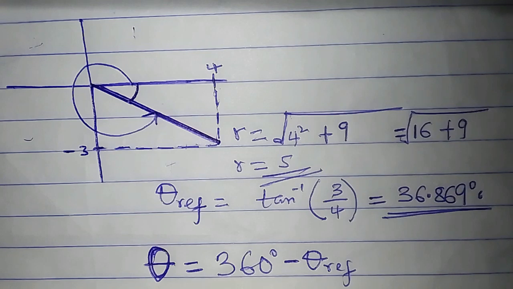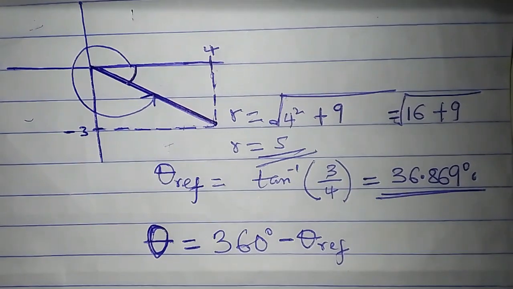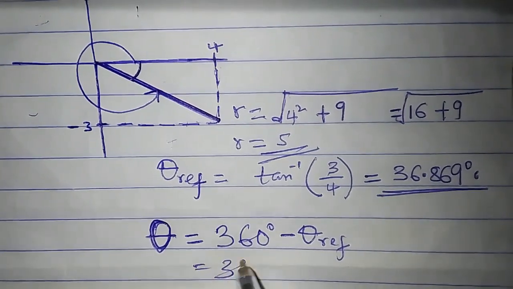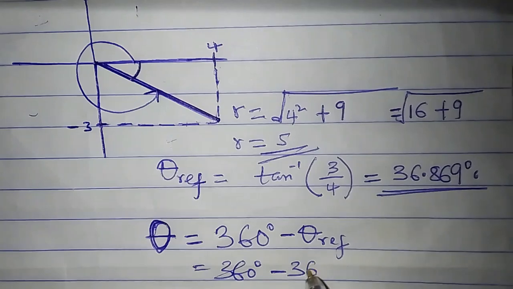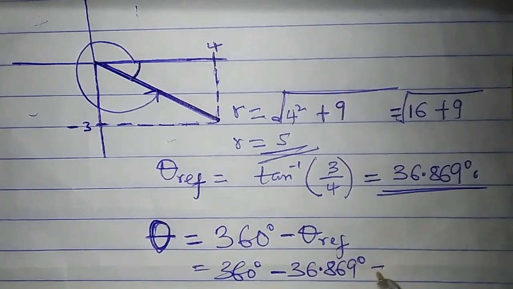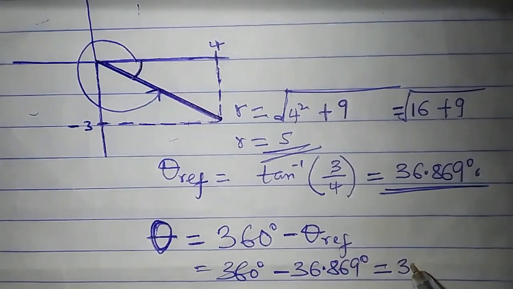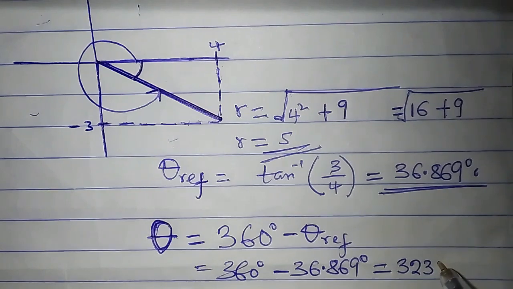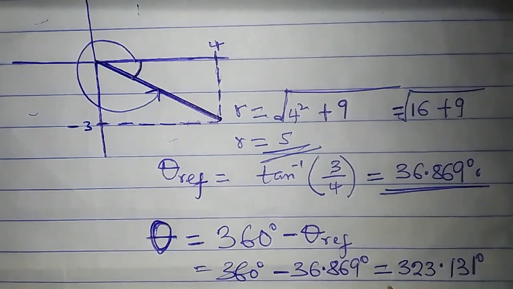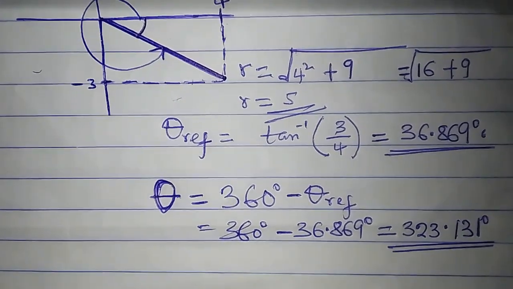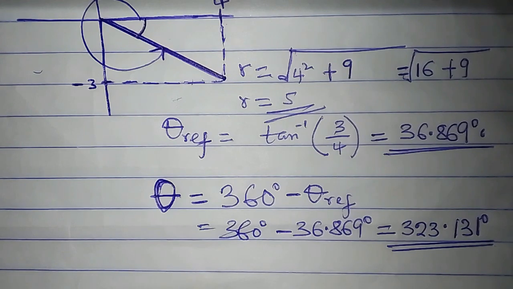In the third quadrant, the argument is 180 degrees plus the reference angle. And now, in the fourth quadrant, the argument is 360 degrees minus the reference angle. That will be 360 degrees minus 36.869 degrees. So what would this give us? 323.131 degrees. This is the amplitude or the argument.